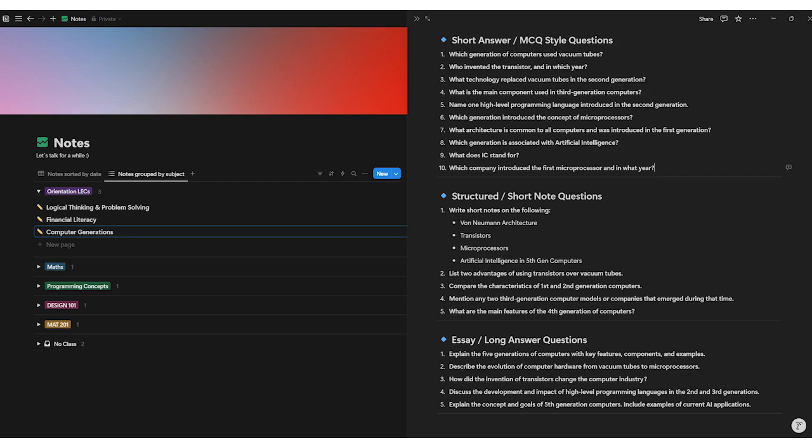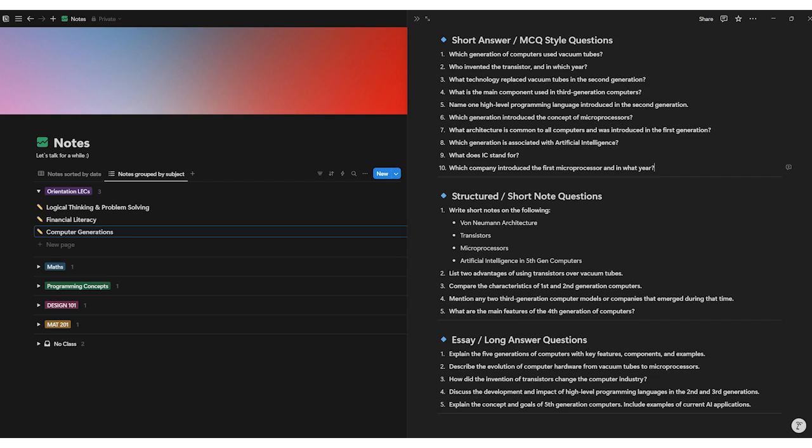Compare characteristics of first and second generations. When we compare first and second generations, high-level programming languages were introduced, and vacuum tubes were replaced by transistors.